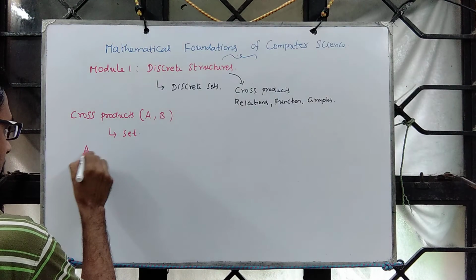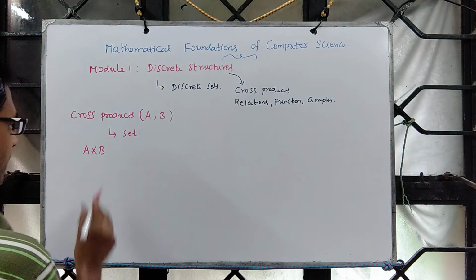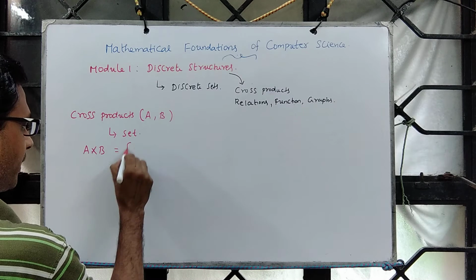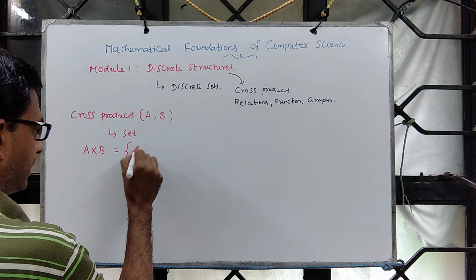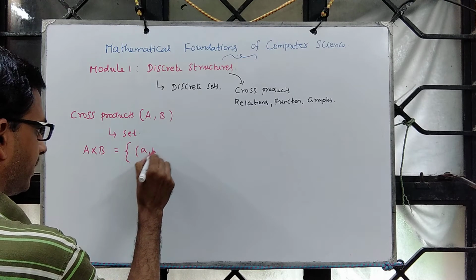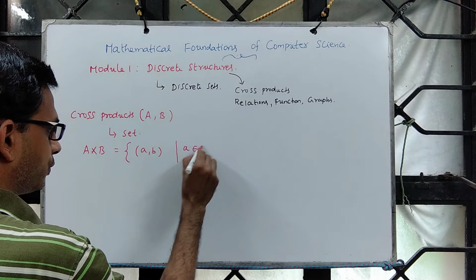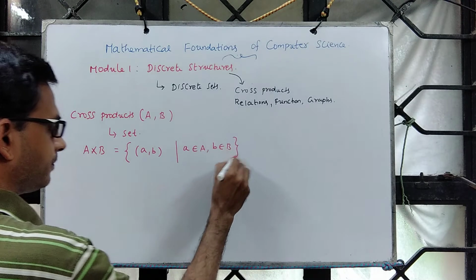So the cross product of two sets A and B is denoted using this symbol. It is a set. Then what are its elements? It consists of a comma b such that a belongs to A and b belongs to B.